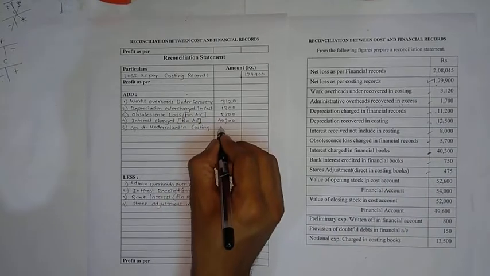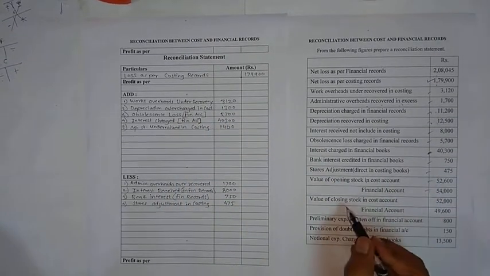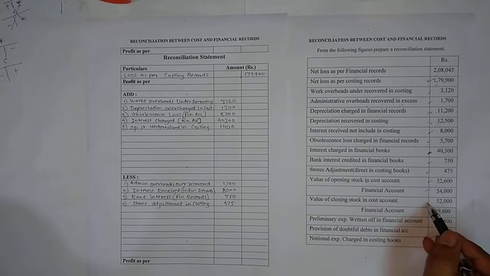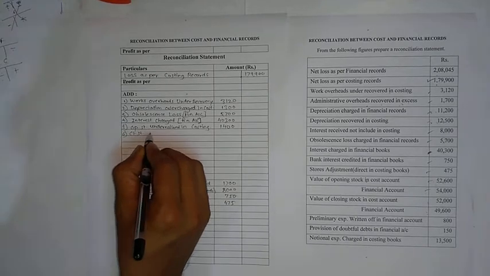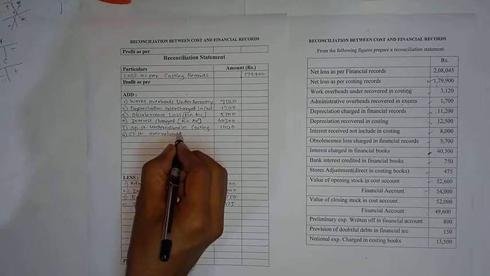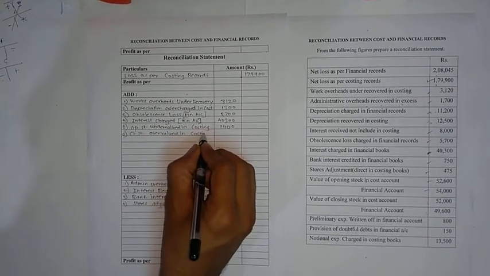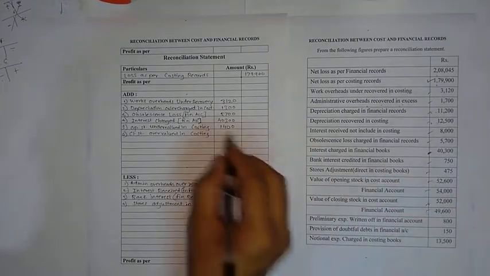Difference amount is 1,400. Next, closing stock as per costing 52 and as per finance it is 49,600. So it is excess in costing records. It should be added. Closing stock overvalued in costing. Difference amount is 2,400.